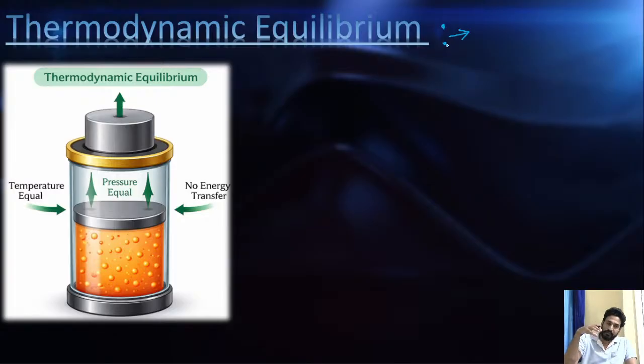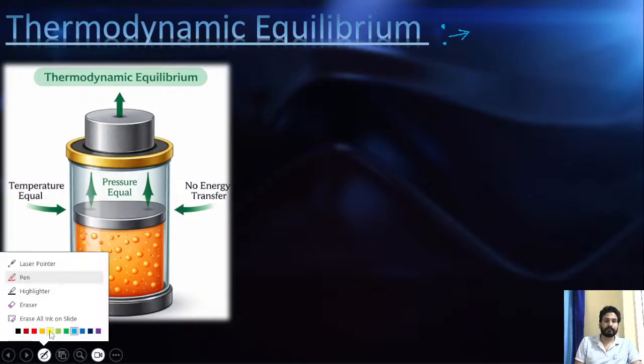Thermodynamic equilibrium is an umbrella term. There are three types of equilibrium, and if those three equilibria exist for a particular system, then we can say that this system is in thermodynamic equilibrium. What are those equilibria, guys?